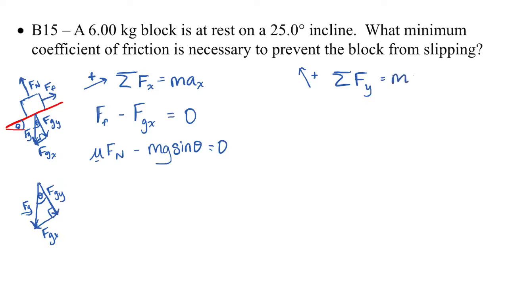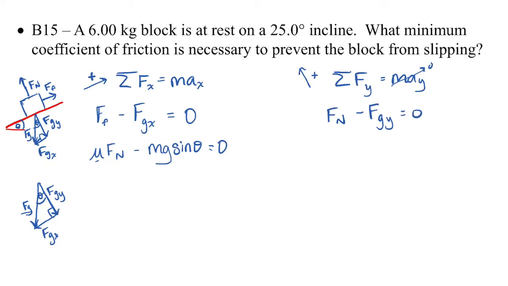You can choose. And again, since this is staying still, it's not moving up or down or off the incline, I know that this is 0, so that helps me. So in the y direction, I have normal force in the positive, and then force of gravity in the y direction is negative. So I'm going to subtract that, and that should equal 0.